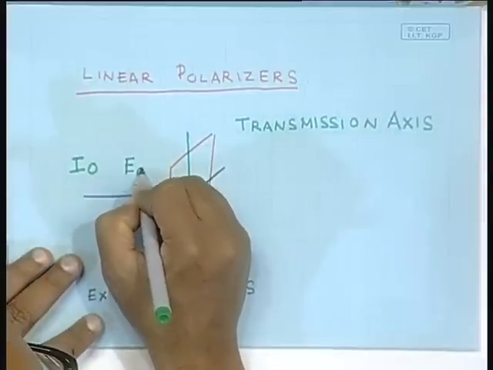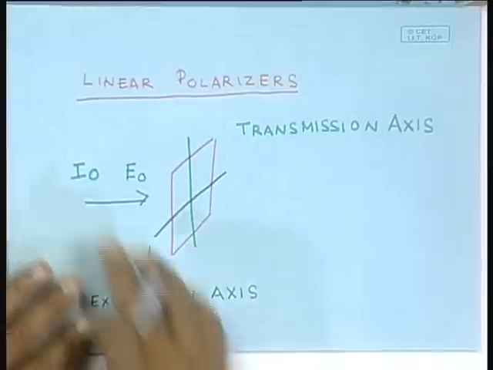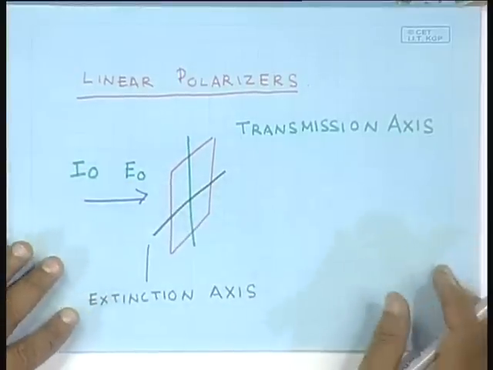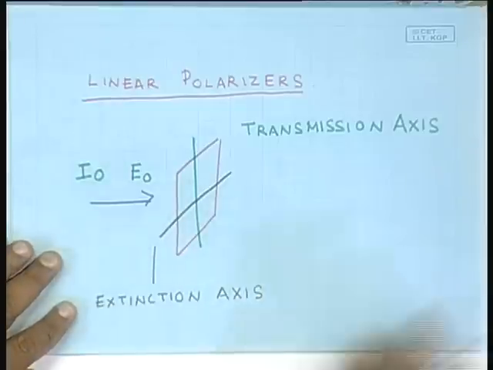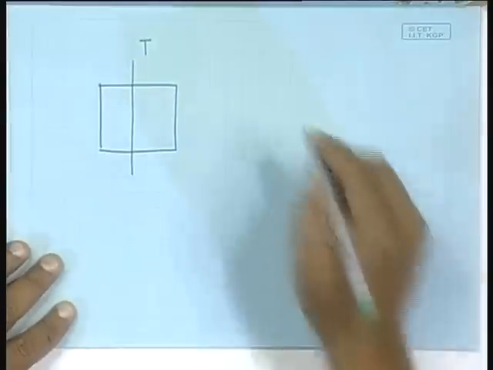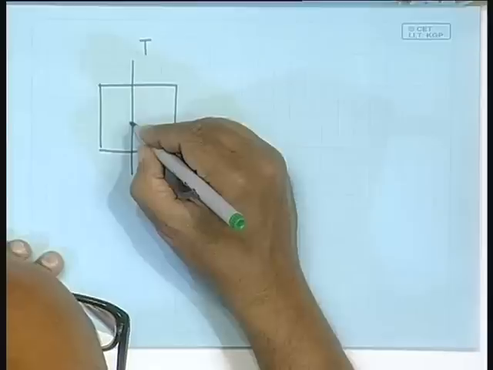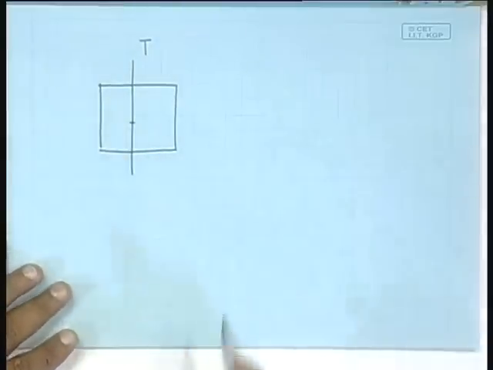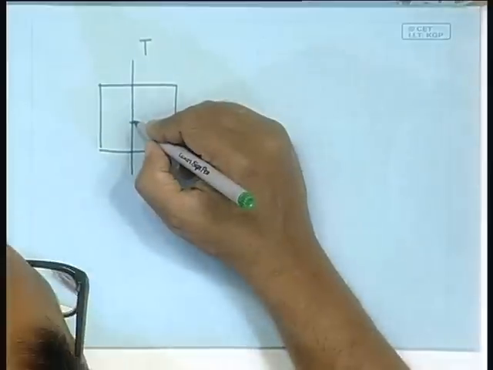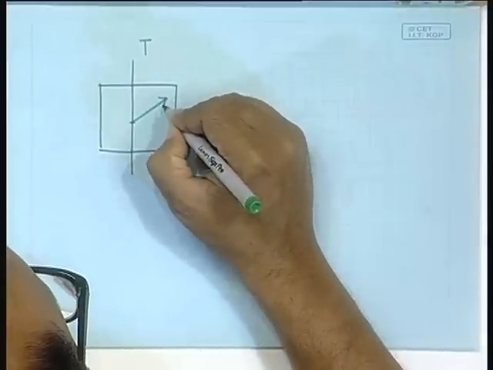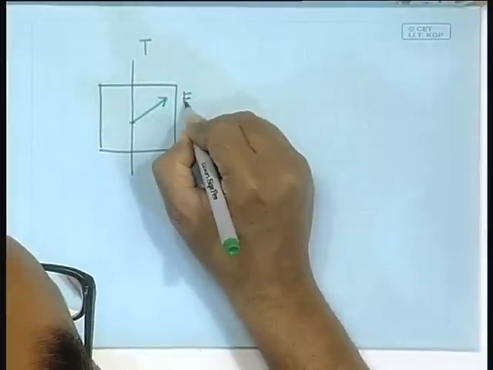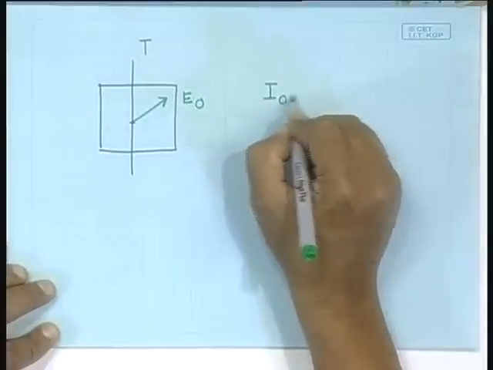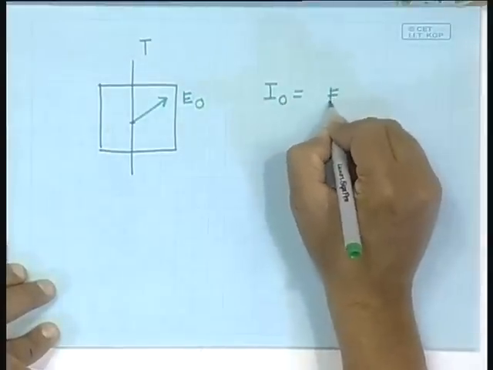We can call this E naught, and I naught is proportional to E naught squared. We will be using I naught exactly equal to E naught squared. So, the electric field of the incident natural light is going to be of amplitude E naught, such that I naught is E naught squared.